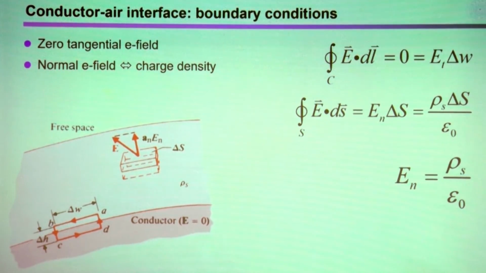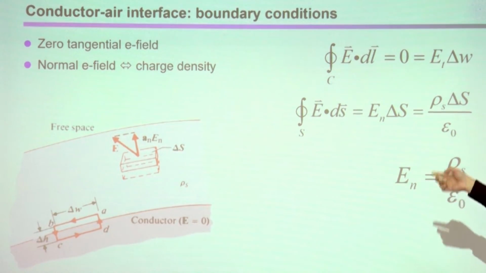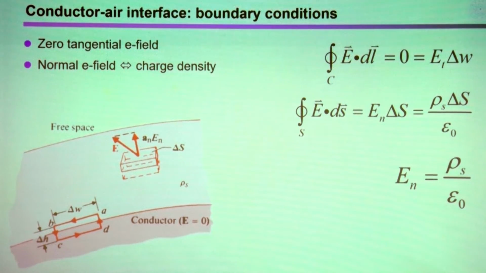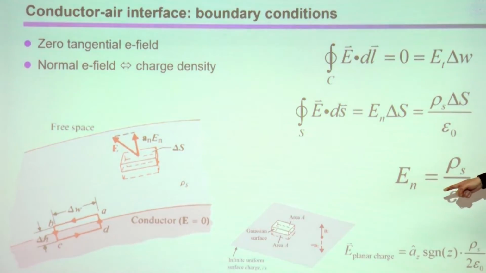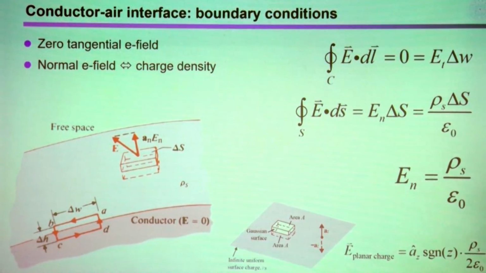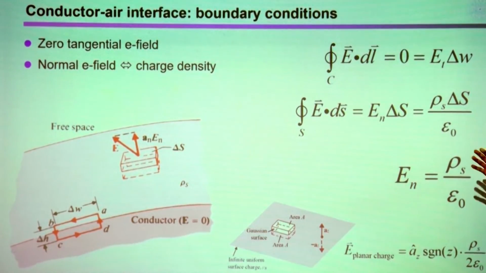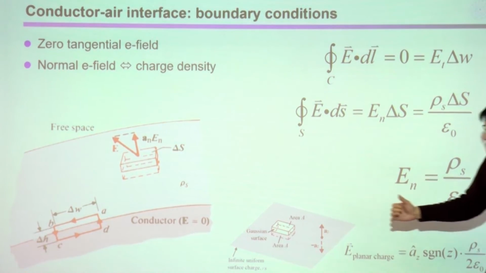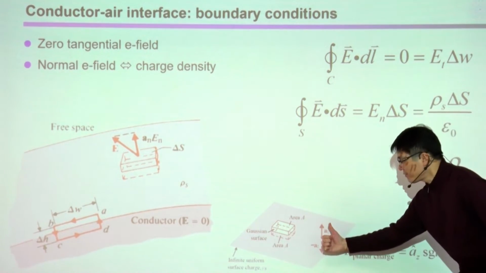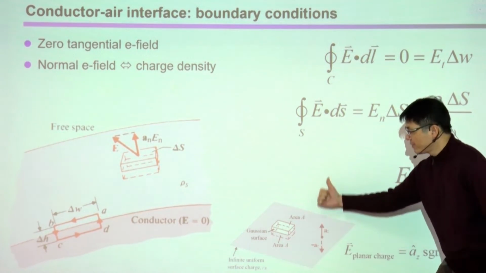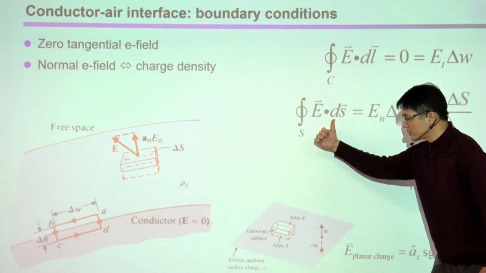What is the difference in this case as compared to our uniform charge plane distribution? This is something we covered, right? If we only had a plane of charge, but it's not a conductor, then you are allowed to have normal E field lines pointing out.